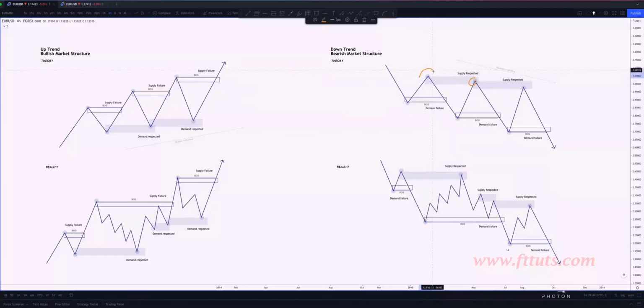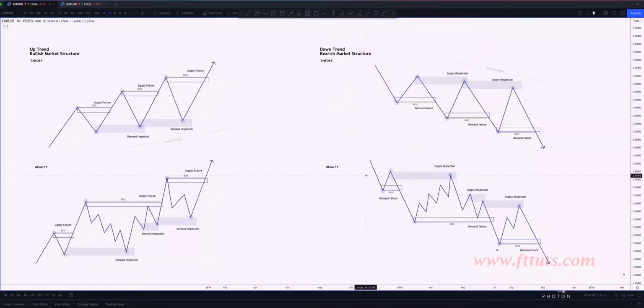We expect that high to hold, and we expect the next swing run to go to the downside and take out that weak low and take out any demand that may be there, because supply has been respected, supply is in control. That is what essentially shows that bearish order flow in the order book, and that's what is then translated into the price action, why we see lower highs and lower lows.